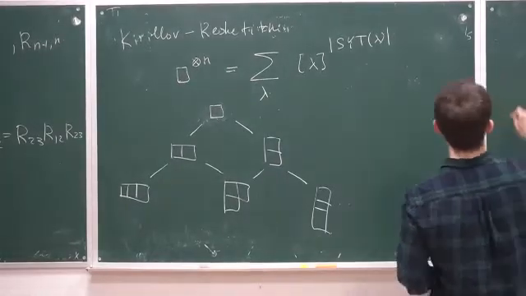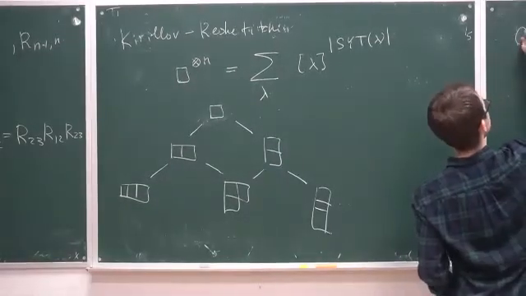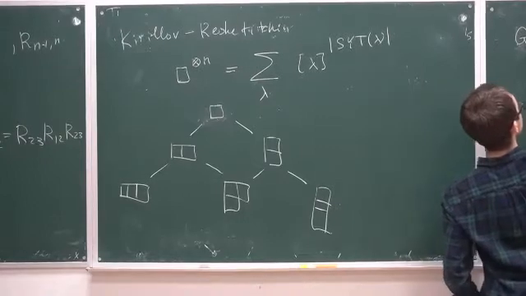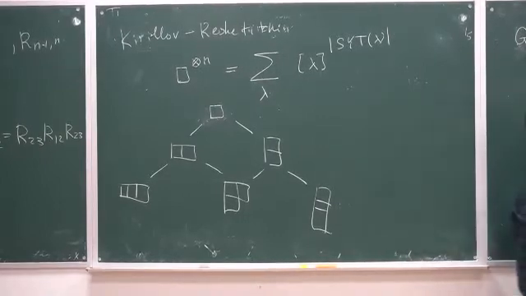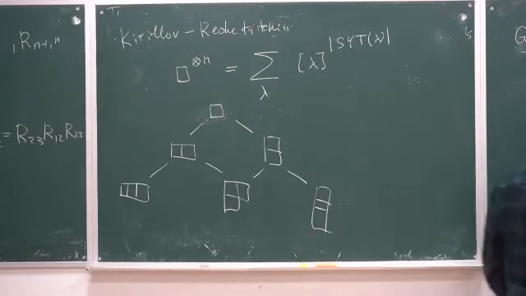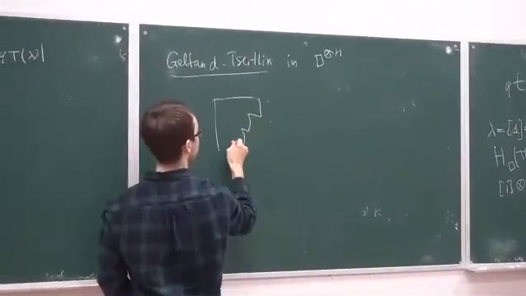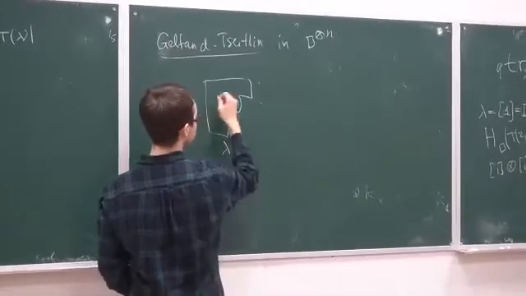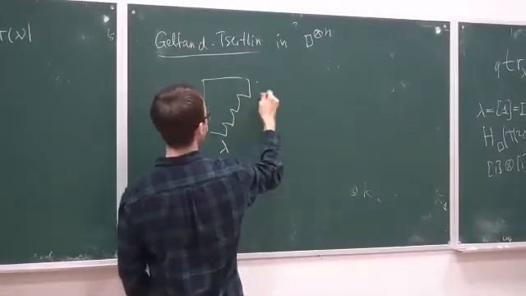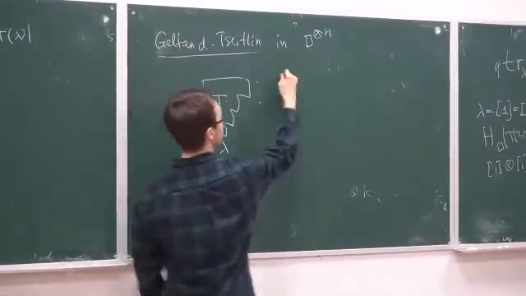Then we have the Gelfand-Tsetlin basis in this representation. It is given by a Young diagram lambda and a standard Young tableau denoted by T.